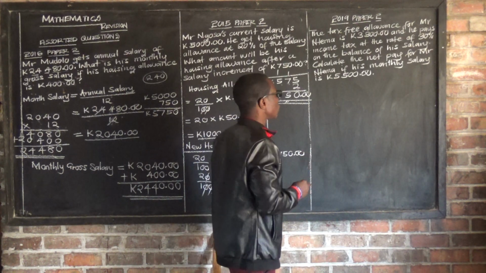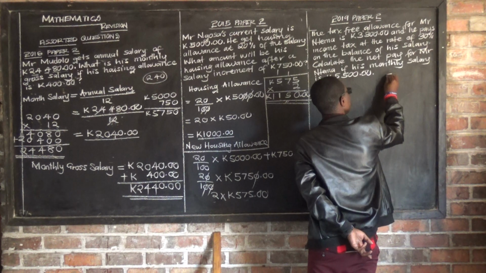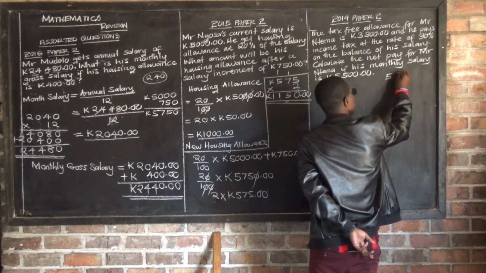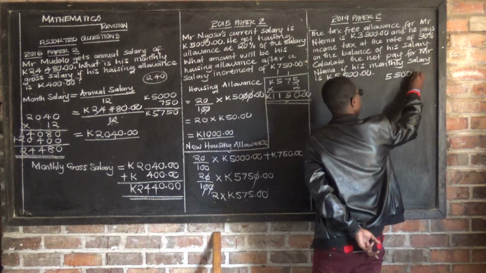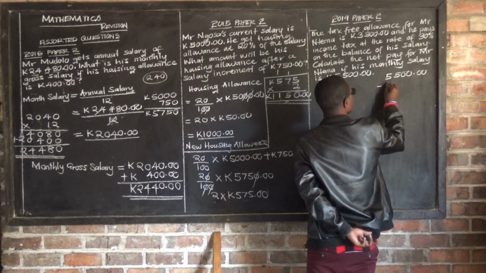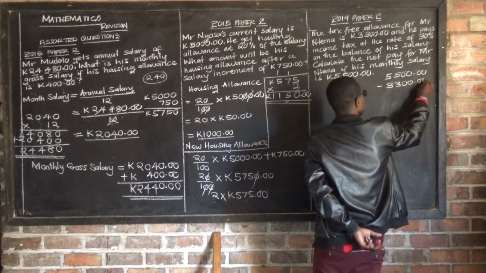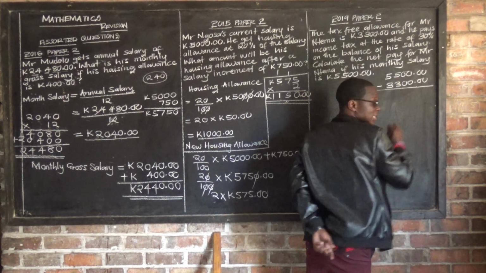So what we are going to do is we are going to say 5,500 minus 3,300. Are we together, guys? Let's find the balance.